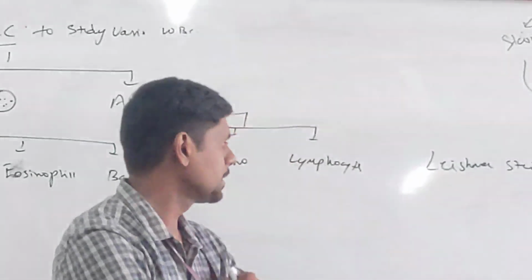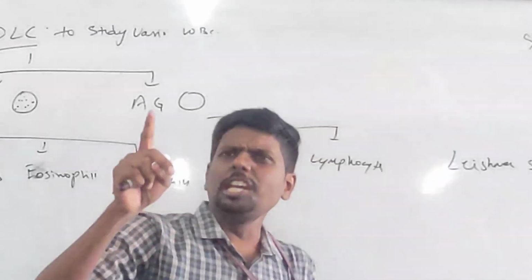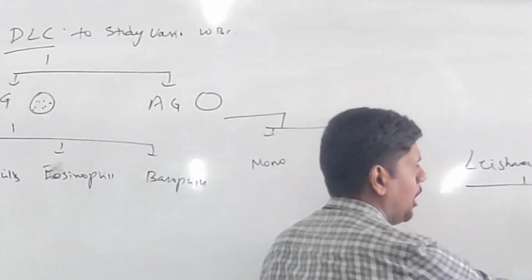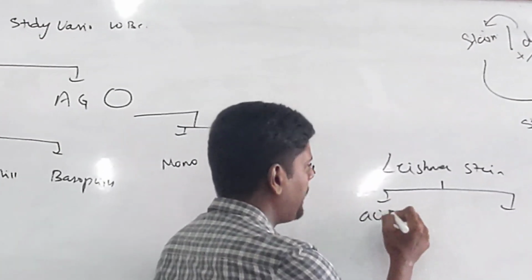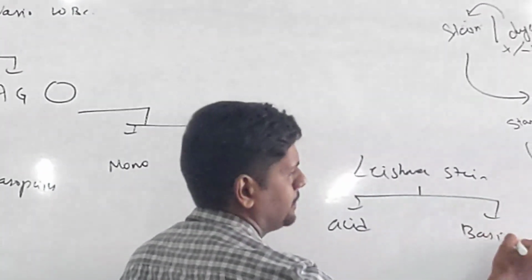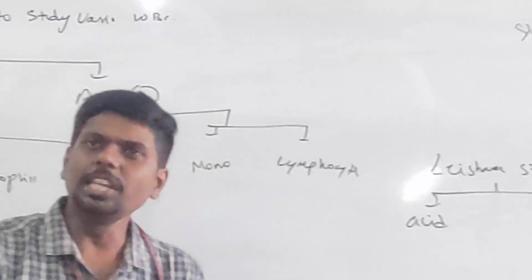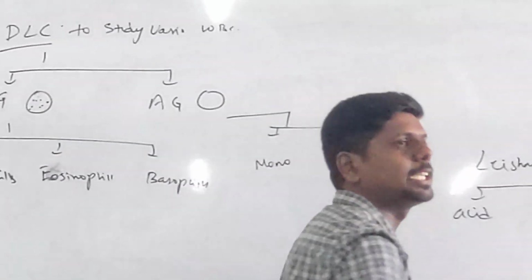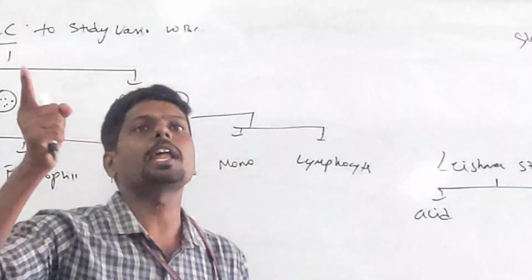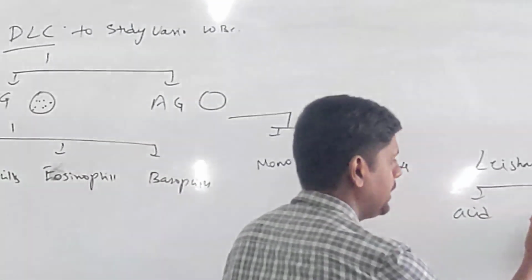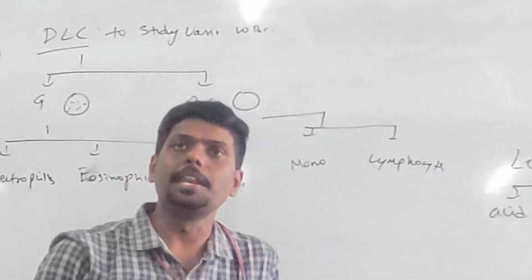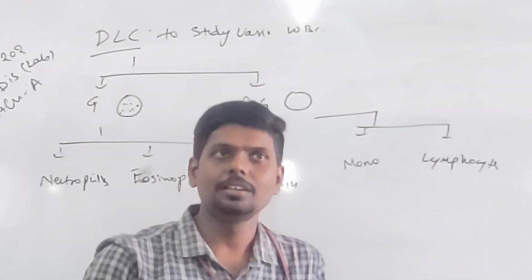Now let us see the stain. Every stain will have two things, an acidic part and a basic part, either acidic or basic, or both, or any one. Clear?